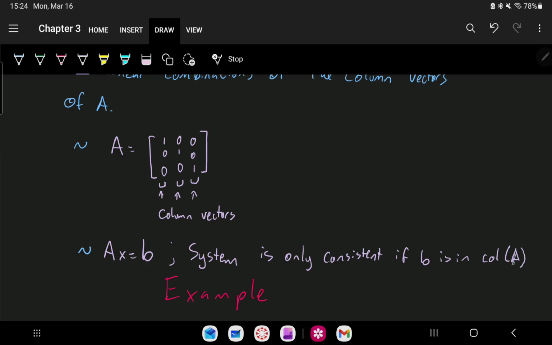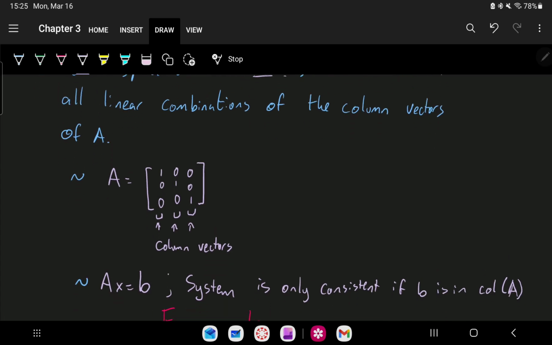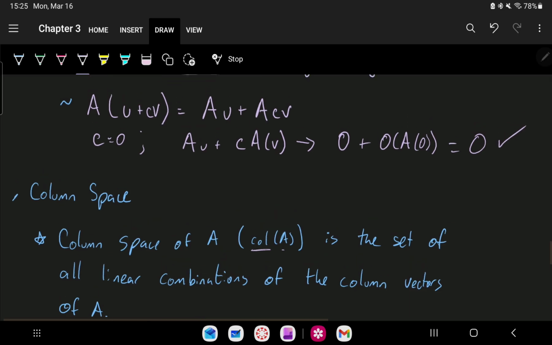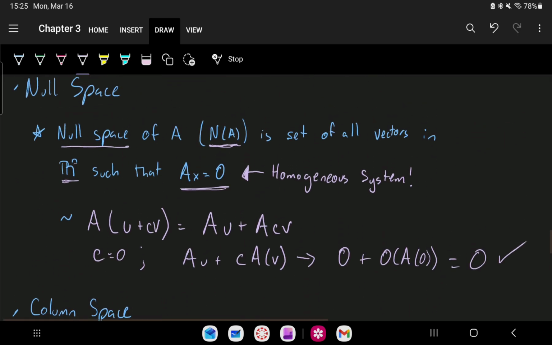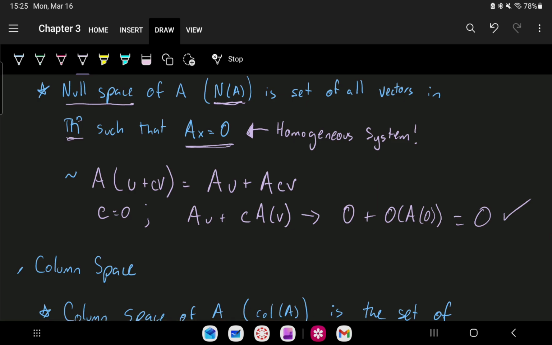Right? So now what's happening here is we've already learned these little caveats, right? We've already learned about AX equals B when we learned about vector multiplication and matrix multiplication. We've already learned about homogeneous systems. And now we're learning about vector spaces and subspaces.